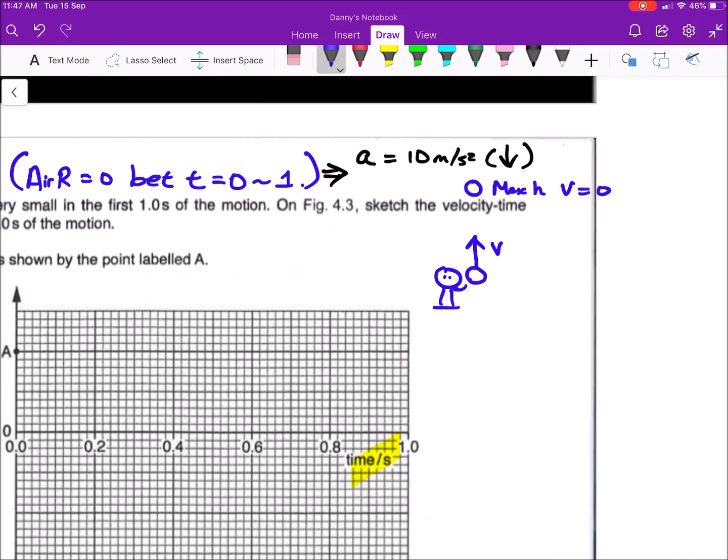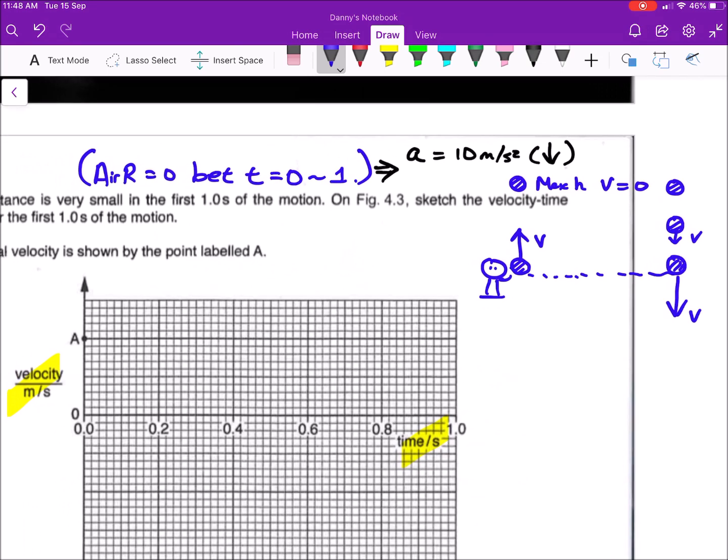After that, your object, from v equals 0, will speed up, and when it comes back to here, it will speed up even more. This is the velocity.